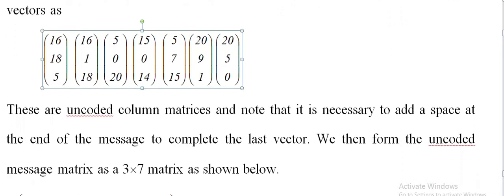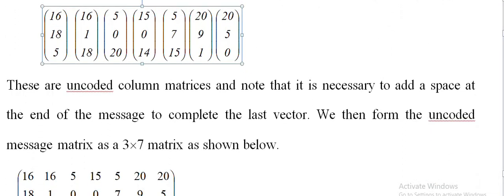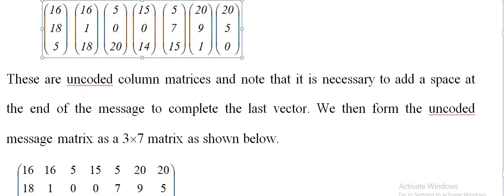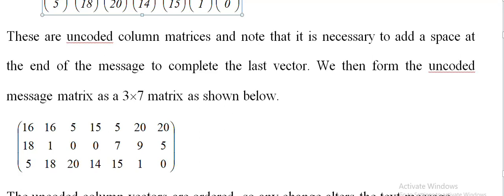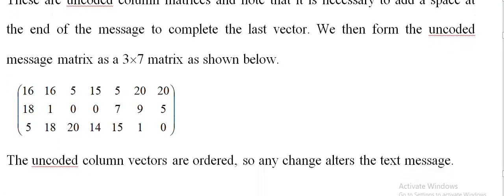These are the uncoded column matrices. Note that it is necessary to add a space at the end of the message to complete the last vector. Then form the uncoded matrix as a 3 by 7 matrix as shown below.